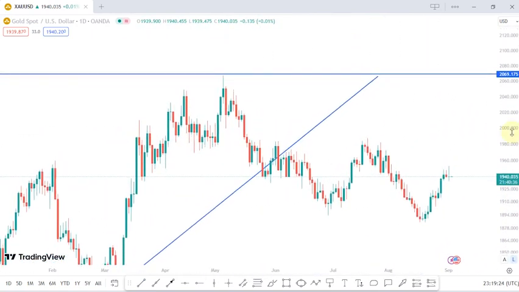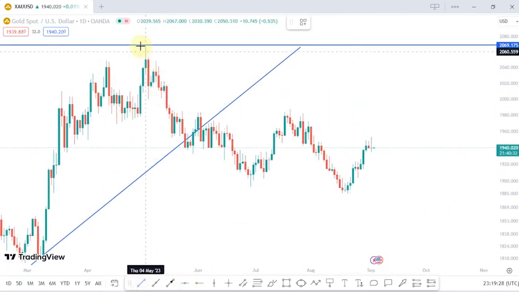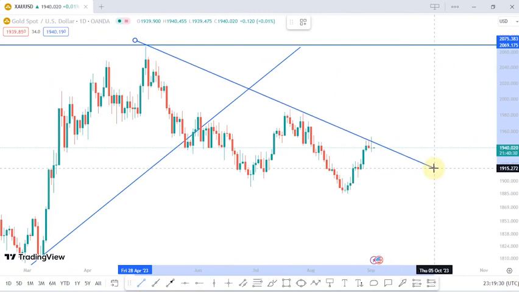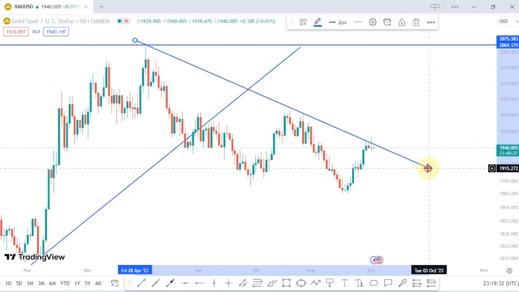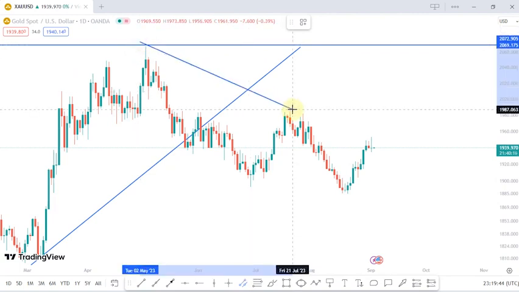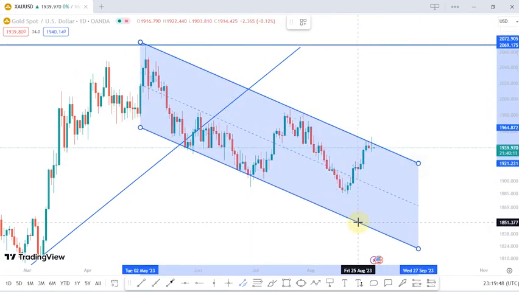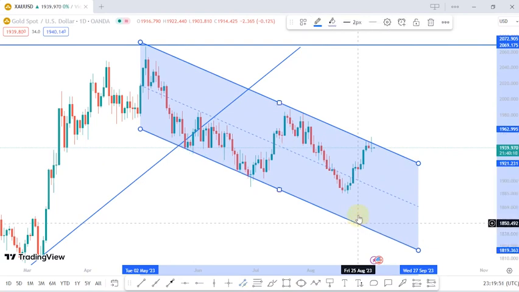So what can we see here? We throw in our trend line again, and we can see that price is on this trend line. Let's try a channel from here all the way to this place, and we bring that down.